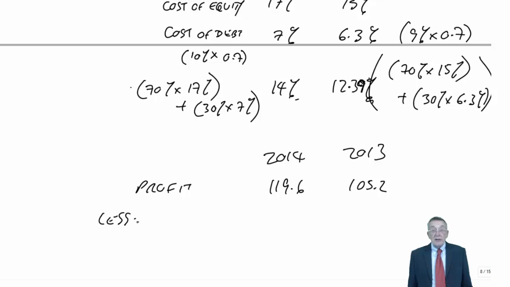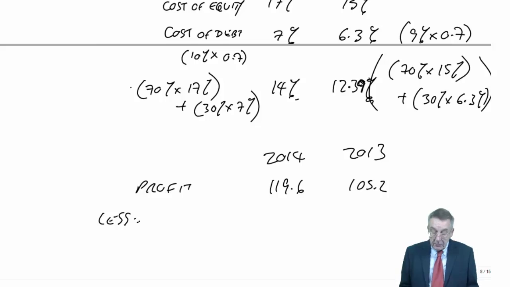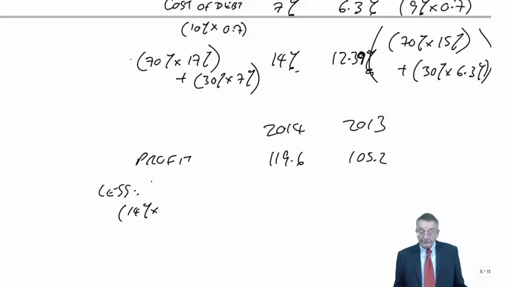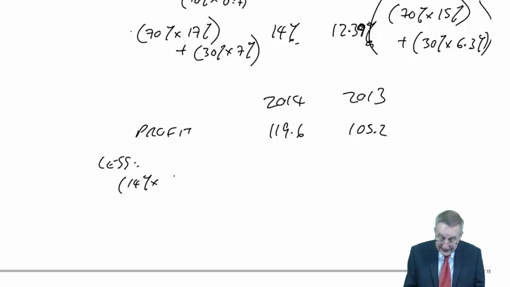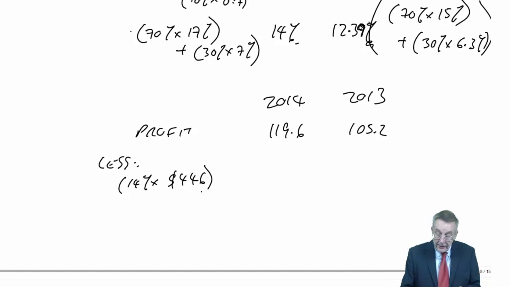It's the weighted average cost of capital times the adjusted capital employed. So for 2014, the weighted average was 14%. The capital employed was 446. And so we subtract 62.44.